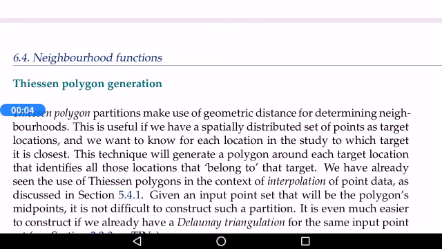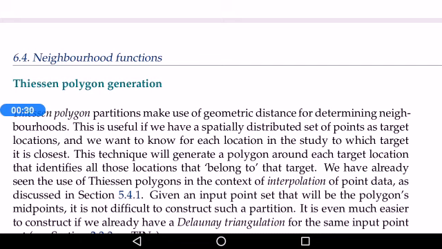Thiessen polygon generation. A Thiessen polygon is nothing but a partition of a geometric space based on the geometric distance in order to find out the neighborhoods. So what we have is a set of points, which are called target locations, that are spatially distributed.